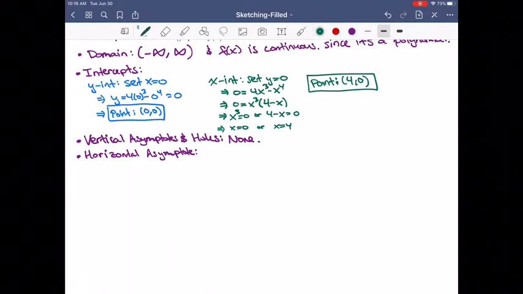Here we want to think about the limit as x goes to plus or minus infinity. Maybe I want to do these separately. So let's say we go to plus infinity of our function f of x. That's the limit as x goes to infinity of 4x cubed minus x to the 4th.